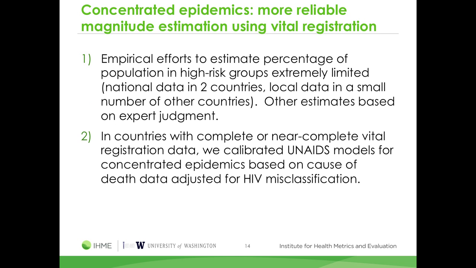So the net effect of this is that 2 very important global reflections of the epidemic. In concentrated epidemics, where we shifted to using, for example, in a country like Brazil or Mexico or in Thailand, cause of death data, we end up, on average, finding that the epidemic is smaller than the assessments based on expert judgment of the size of high-risk groups.